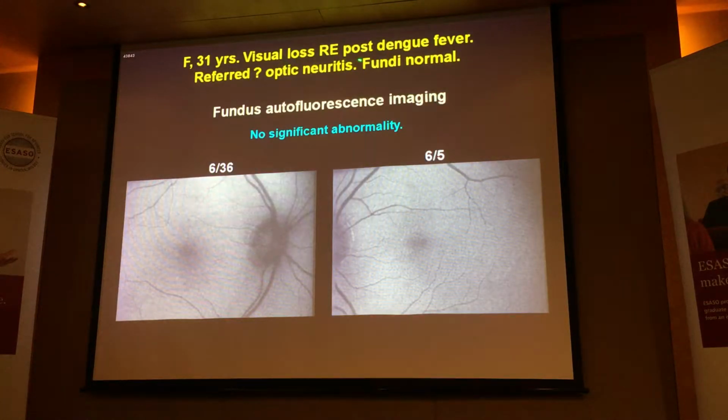Patient who came in following dengue fever, went to Thailand, fantastic place, got dengue fever, comes back to London, develops unilateral visual loss, turns up in casualty, has an afferent pupillary defect, has completely normal autofluorescence imaging and completely normal fundus examination, and has 6/36 vision.